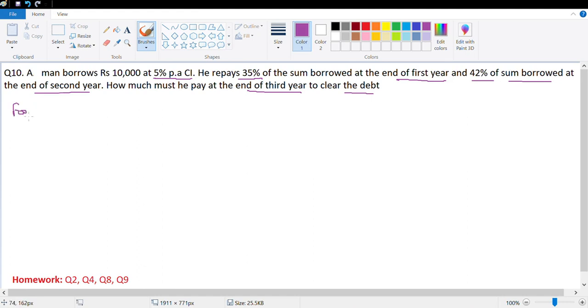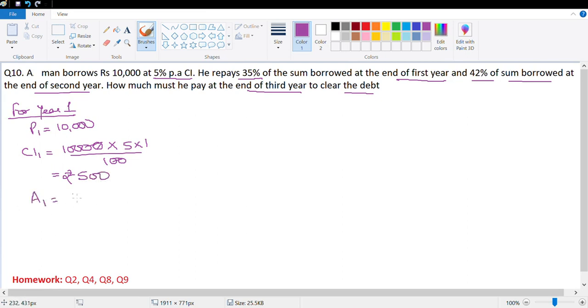So for year 1, principal is equal to 10,000. Rate remains the same, which means compound interest for year 1 will be principal 10,000 into rate, which is 5, into 1 upon 100, which is equal to rupees 500, which means amount at the end of year 1 will be 10,000 plus 500, which is 10,500.